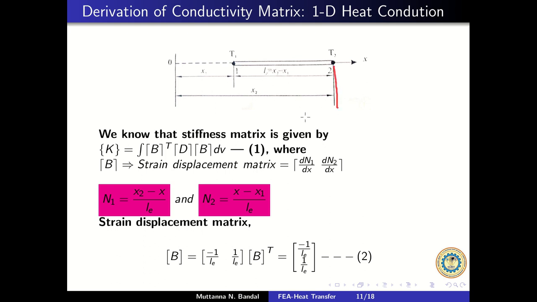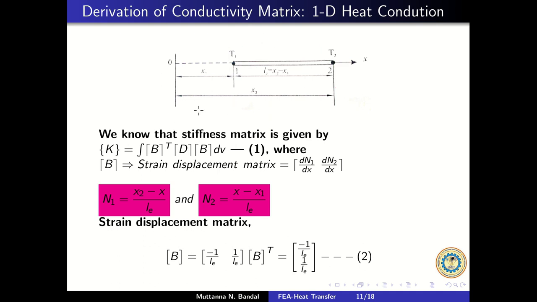So this is x2, this is x1, the distance from the global axis, and x2 minus x1 will give the length of this element. And let the temperature at node 1 be T1, and temperature at node 2 be T2.